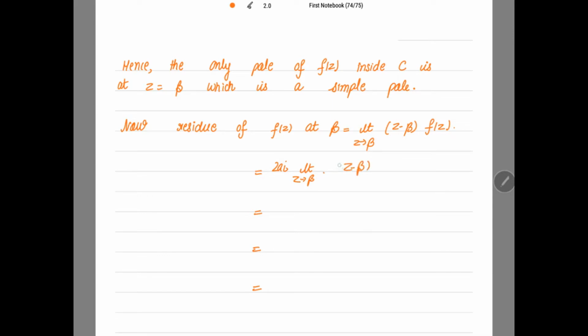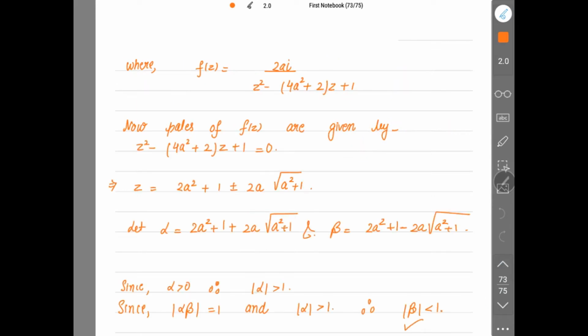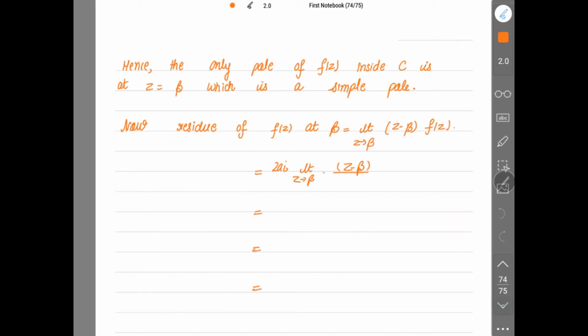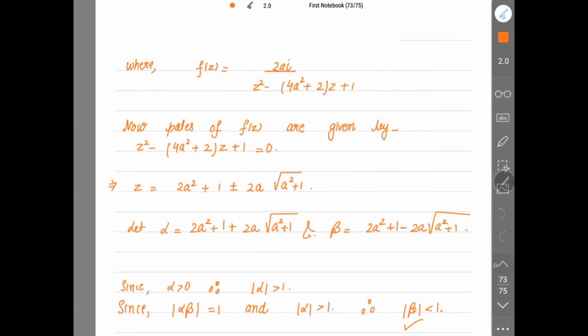z minus beta over, see, your f(z) is this. Is there any leading coefficient? No, here the leading coefficient is 1 only, right? So 2a iota I have written here, limit z tends to beta, z minus beta, and instead of f(z), simply this quadratic polynomial.